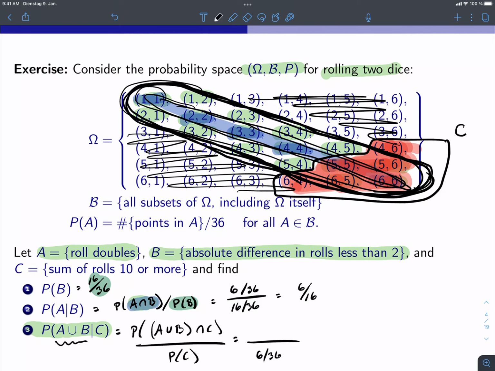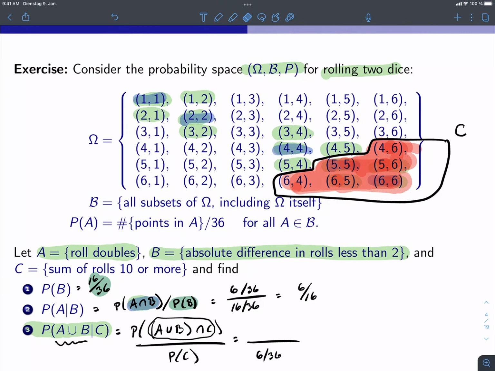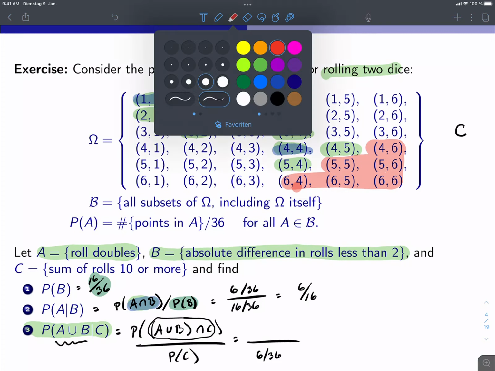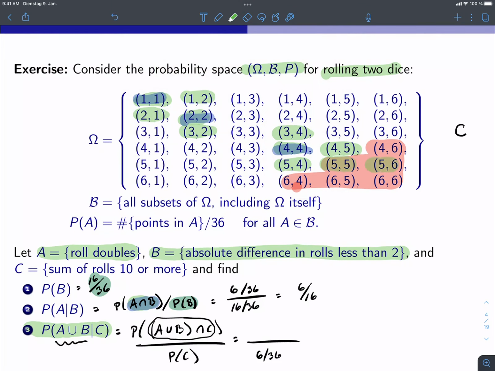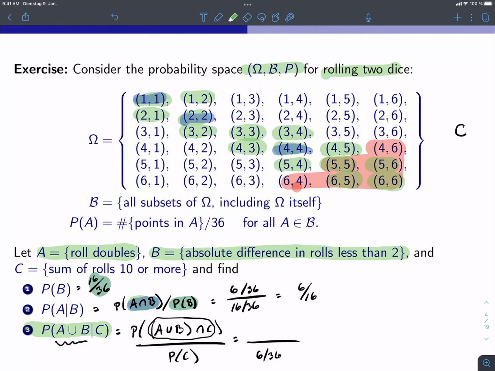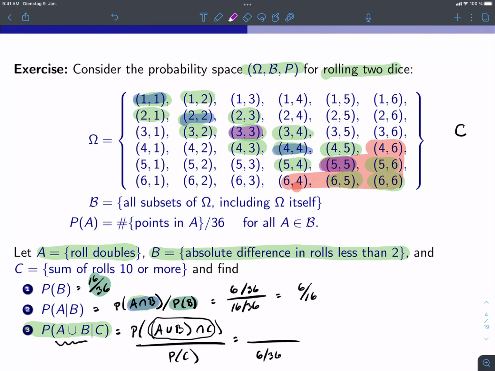And now I've got A union B intersect C. So my picture is getting really messy now. So let me clean it up a little bit. Okay, here's the event C. And let's see, here was my event B. Let's see, this was all in the event B, and then in the event A, it was like this.